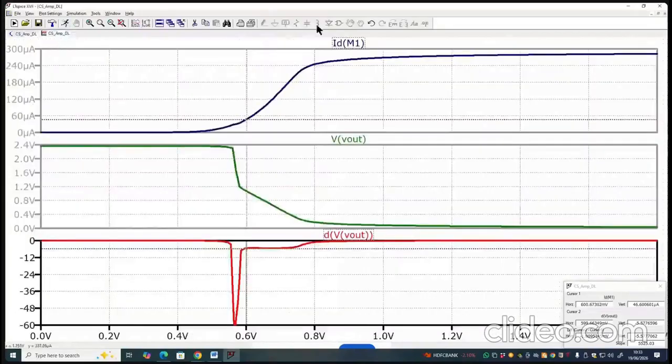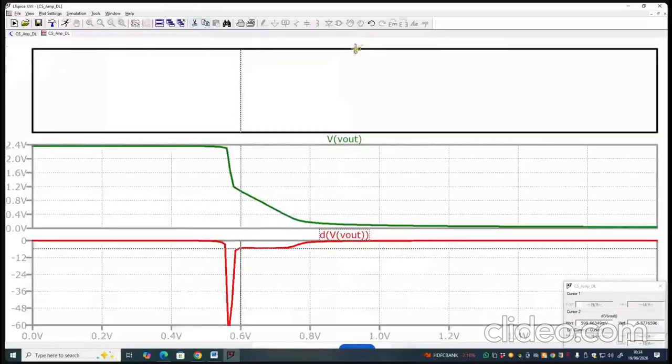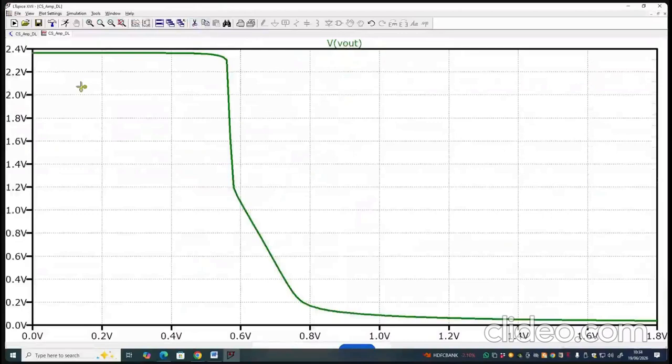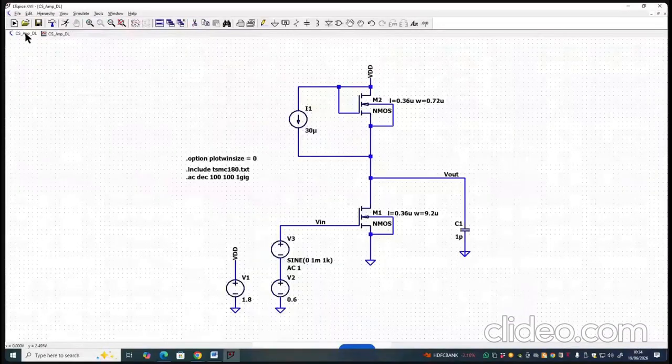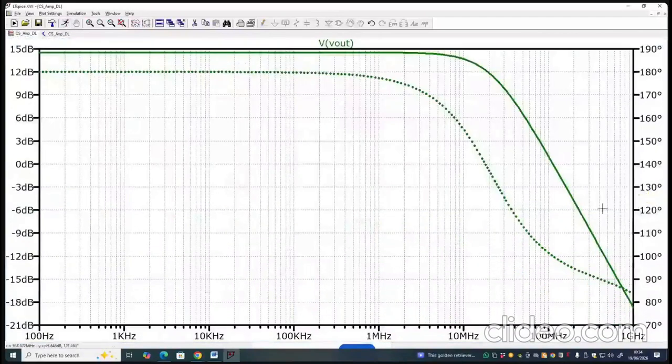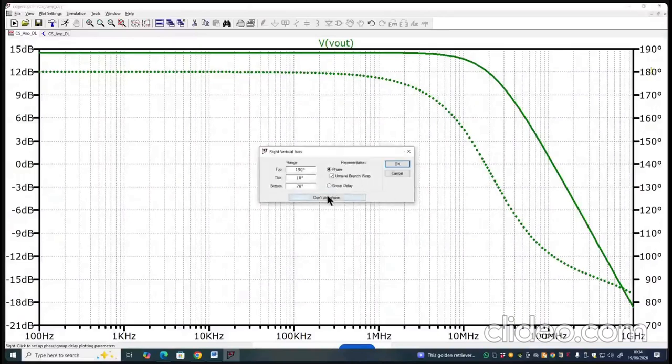So here we won't need I1, we need only the V out. So we can just get rid of this.